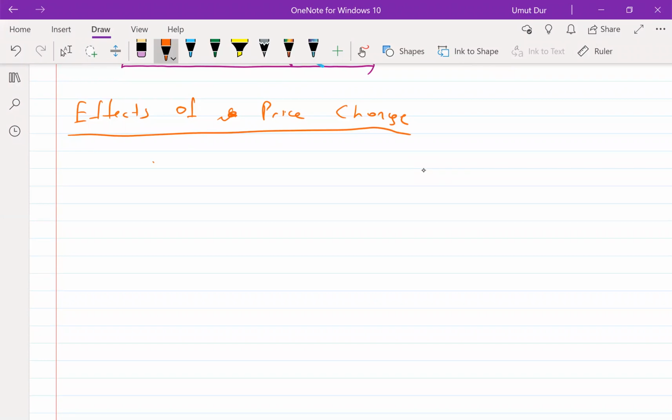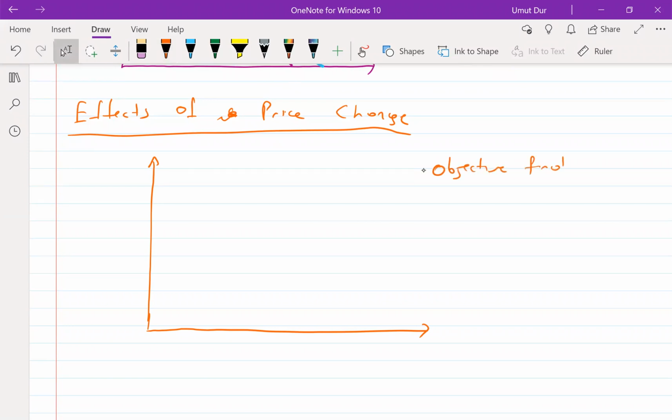So our objective here is finding the optimal bundle given prices and income.